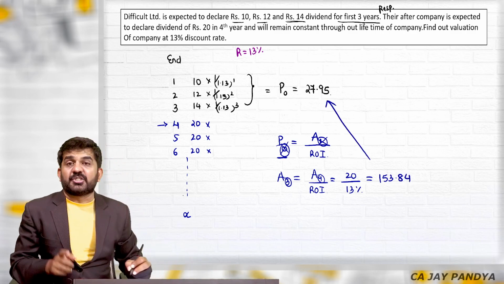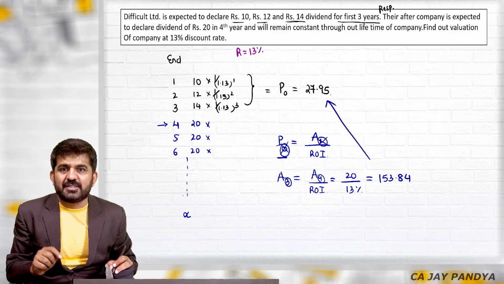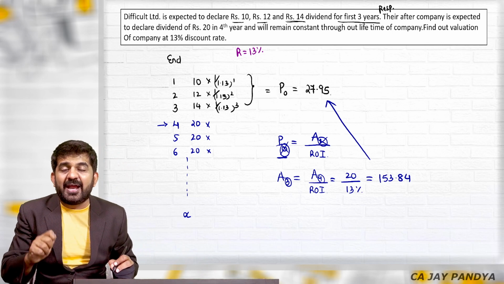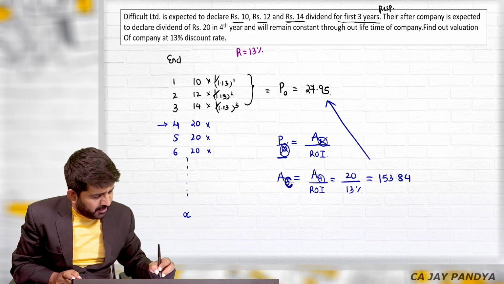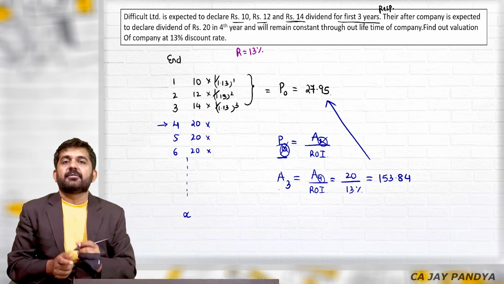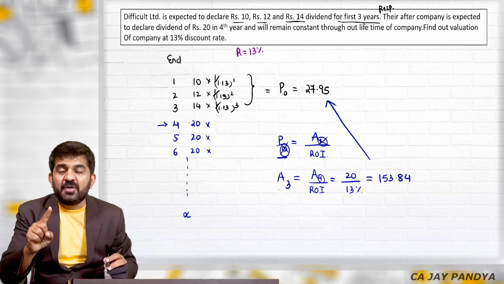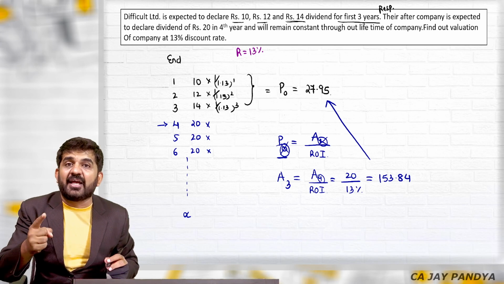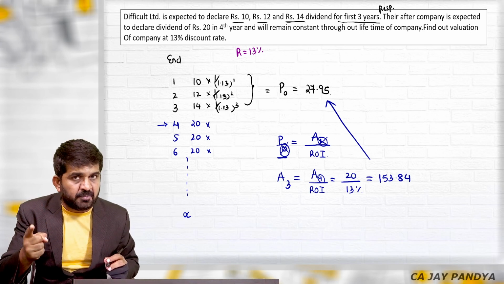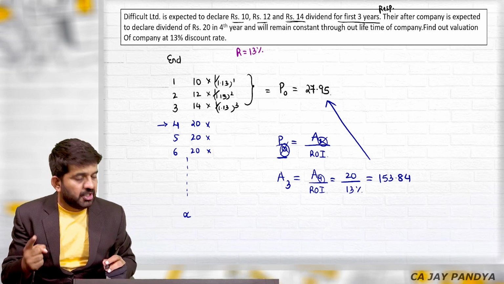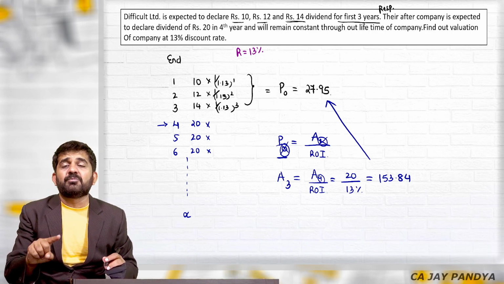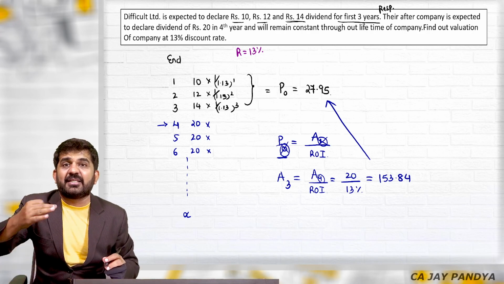Add it with this? No, in finance you cannot do this. This is the amount at the end of the third year and not at the end of 0 year. Why? We have started with the amount at the end of the fourth year. We have used the normal formula. The amount which we are getting will be at the end of the third year. You cannot add it to something which is as on today, which is at the end of 0 year.